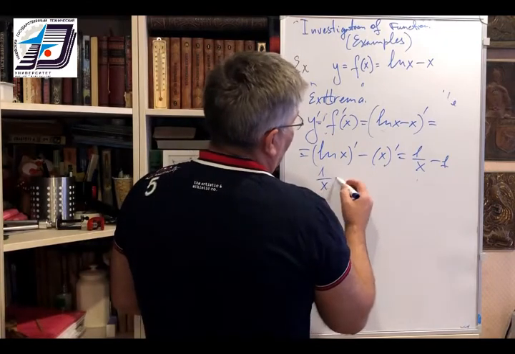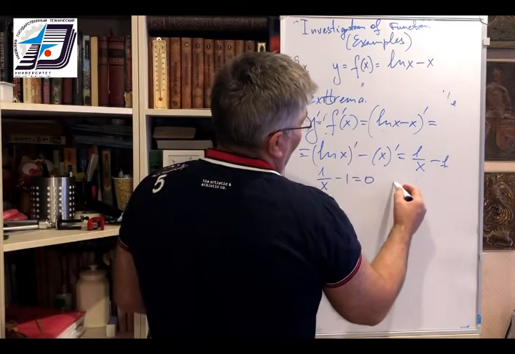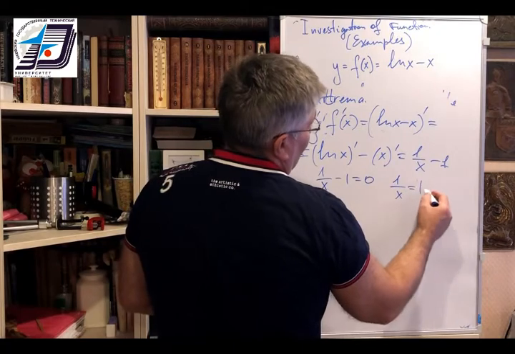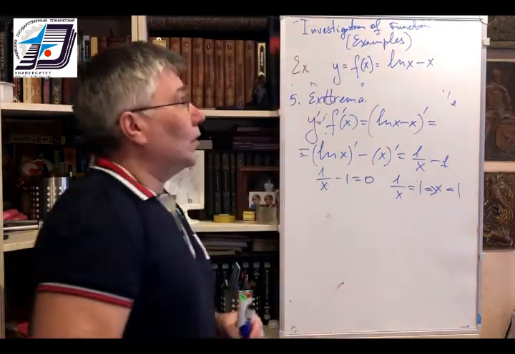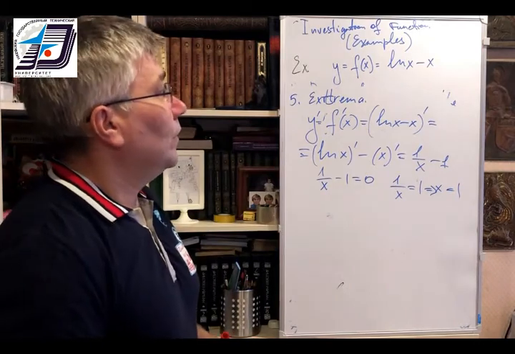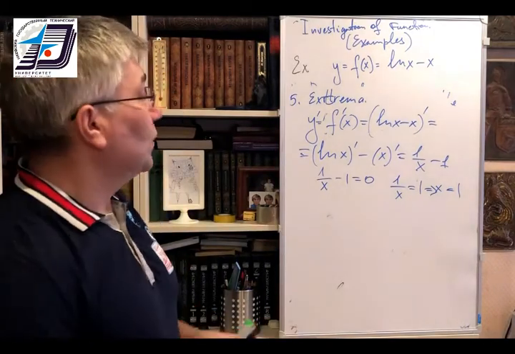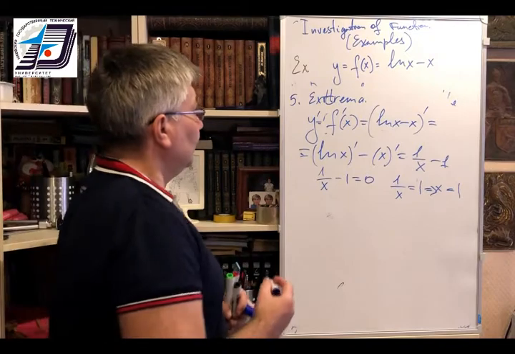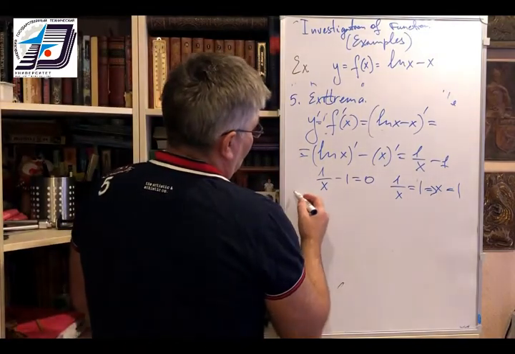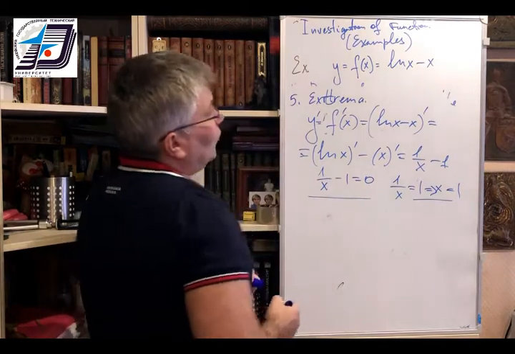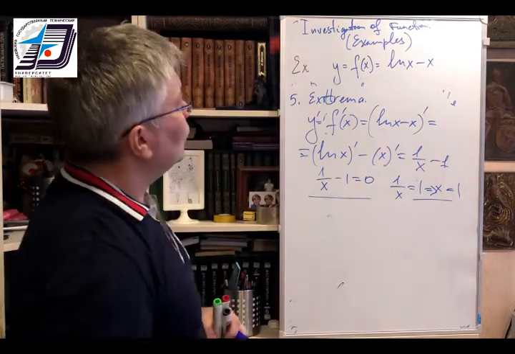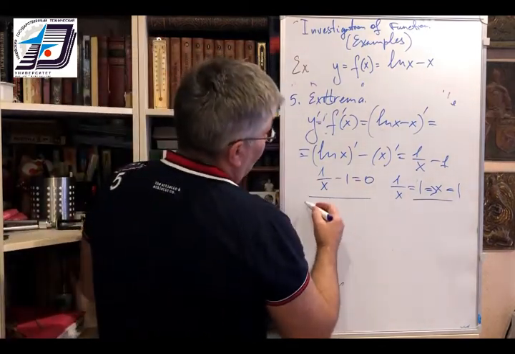If we set it equal to zero, we have that 1 over x equals 1, and x equals 1 gives the extremum of this function. It has only one. And the sixth step: here we have to use the sufficient condition and calculate the second derivative.